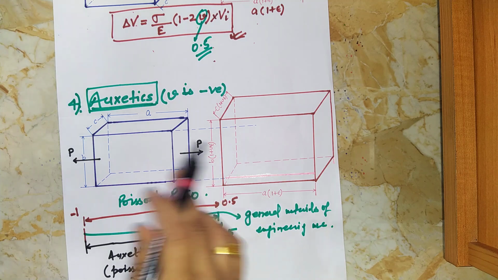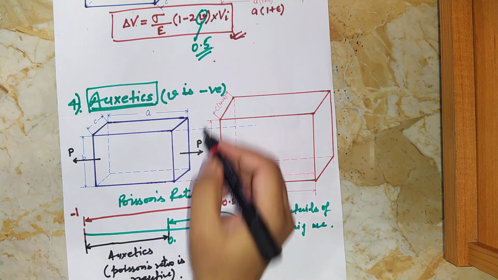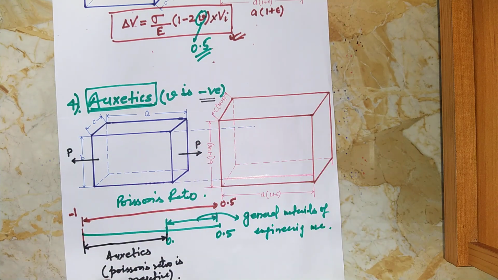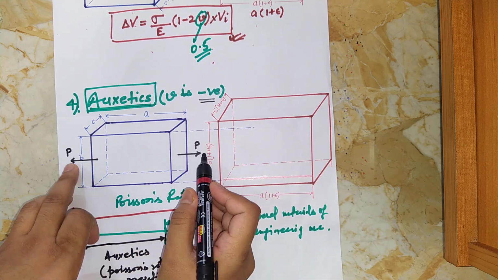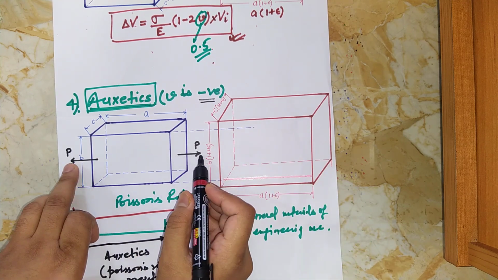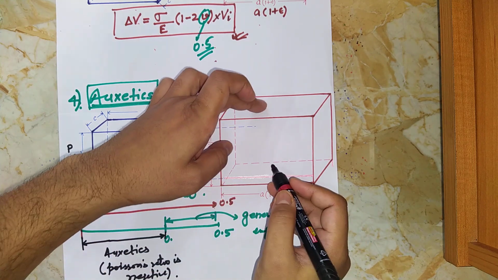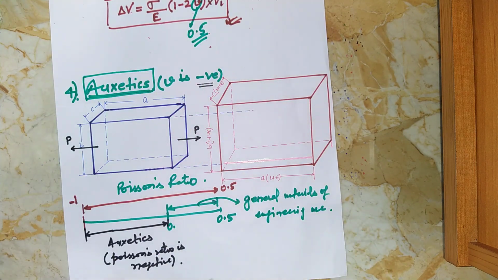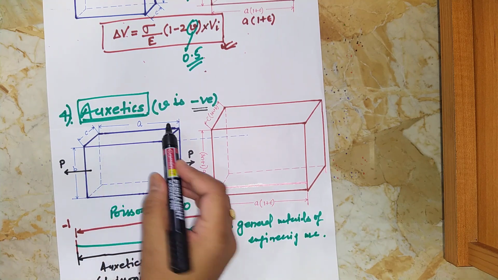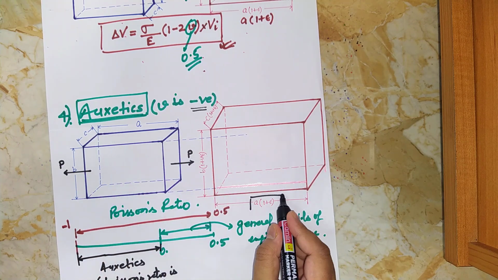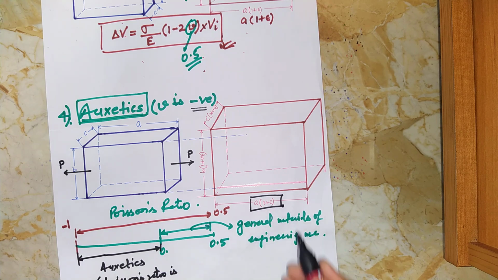But in case of auxetics, where we have negative Poisson's ratio, after applying load in the axial direction, as it is elongating in the axial direction, in the lateral direction also it will elongate. Here we see that the initial length was A, so obviously it has increased to A into 1 plus epsilon.